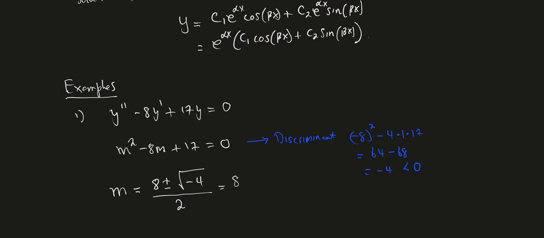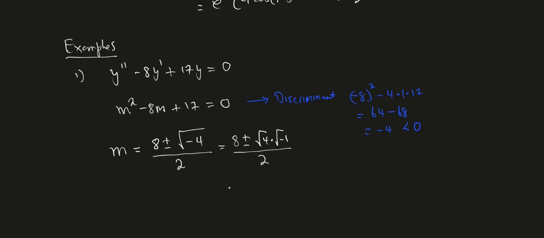And so we got 8 plus or minus. Now this is where we use that the square root of negative 1 is i, because I can write this as root 4 times root negative 1. This is still all over 2. So I end up getting 8 plus or minus 2i all divided by 2.